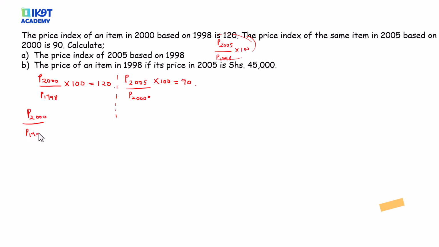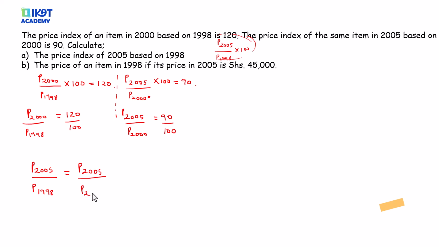So here we'll make this 120 out of 100, then 2005 out of 2000 is equal to 90 out of 100. But now in our question we want 2005 out of 1998. So this would be equal to 2005 out of 2000, you look for what to introduce, and in this case it's 2000.